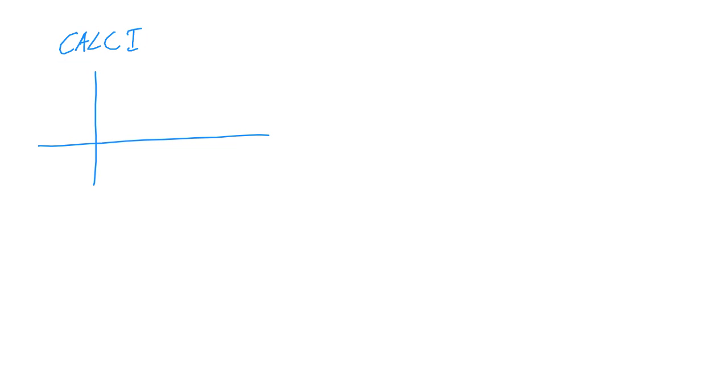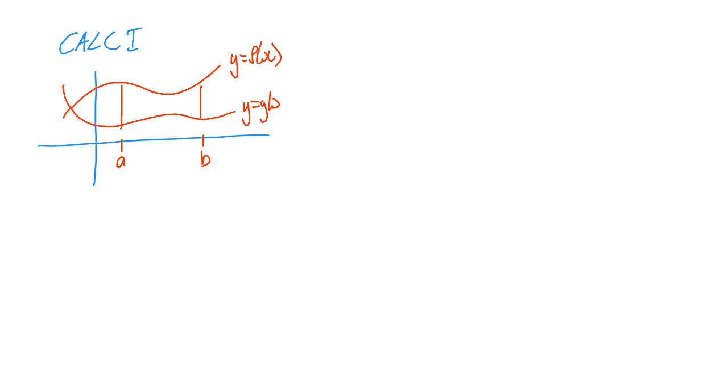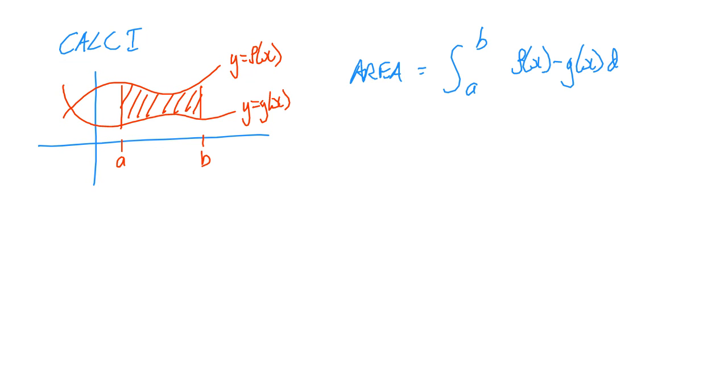If I wanted the area between 2 curves, so this is y equals f of x, this is y equals g of x, if I wanted that area back in Calc 1, I worked out the integral from a to b of f of x minus g of x dx, right?